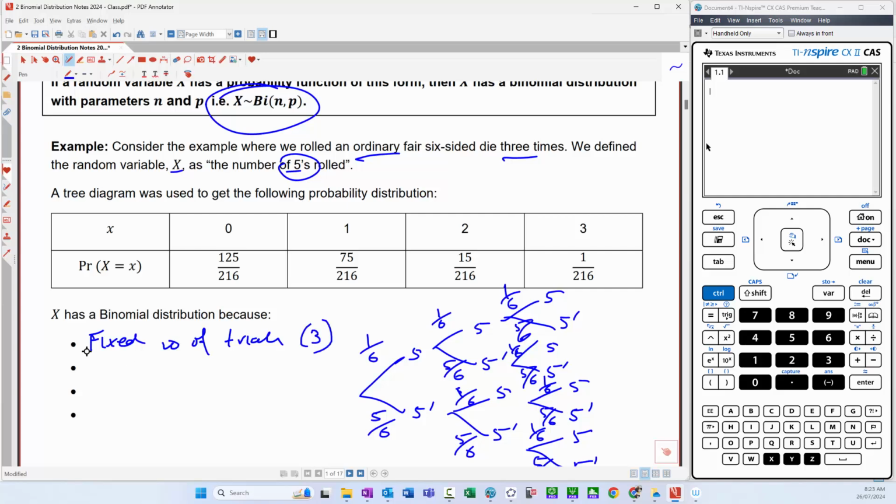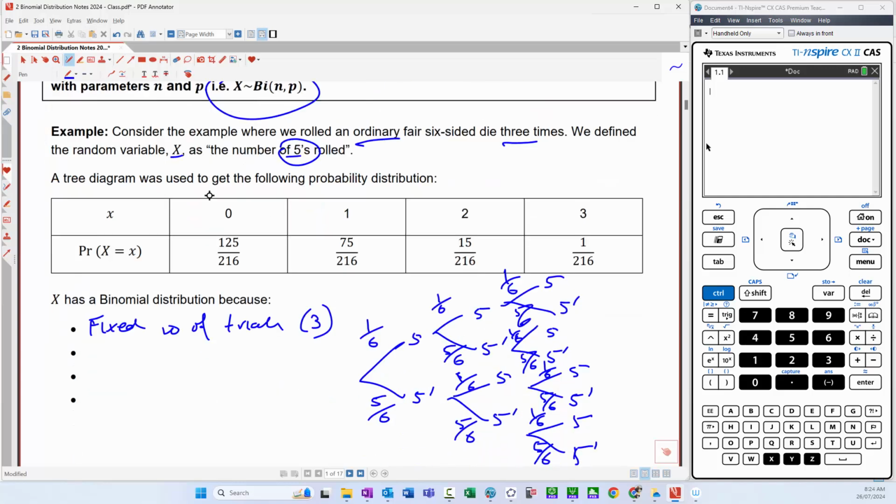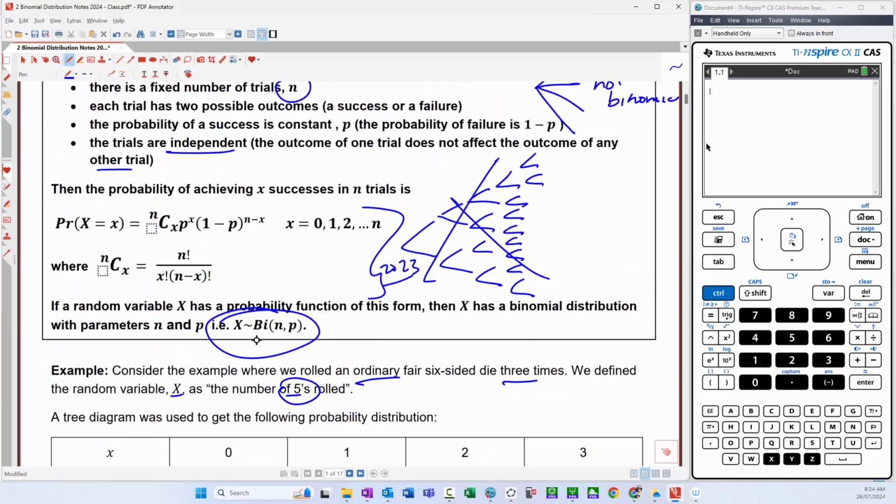And in this case, it was 3. All right, let's see. Each trial has 2 possible outcomes: 5 or not 5. What else?